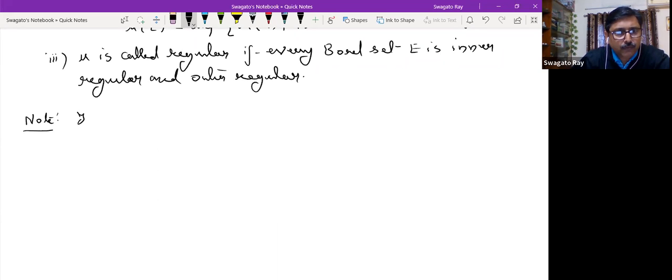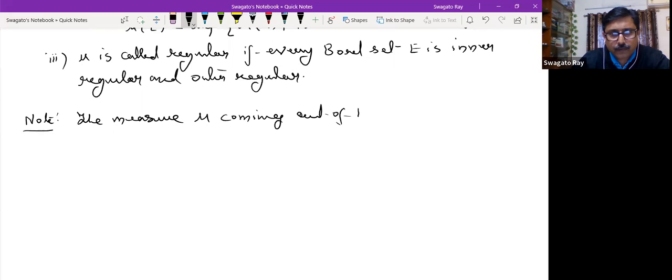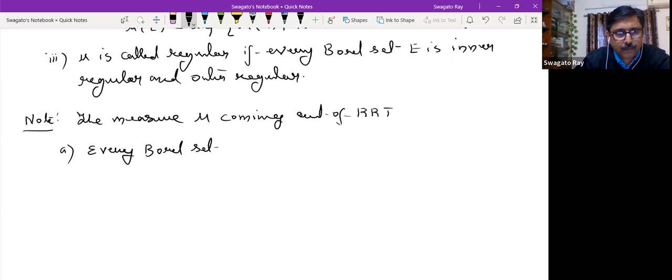Now the measure mu coming out of the Riesz representation theorem comes with certain properties, right? One property is that every Borel set is outer regular.